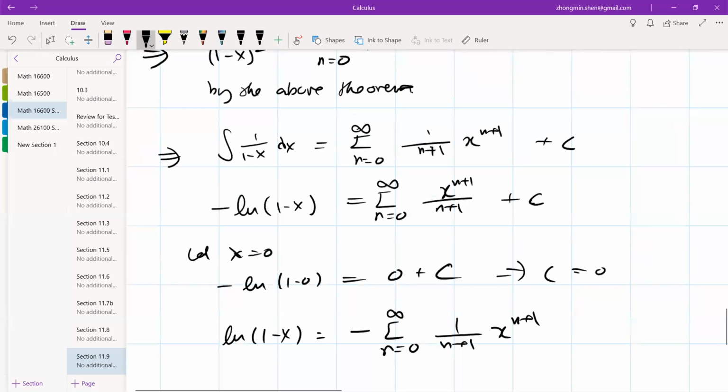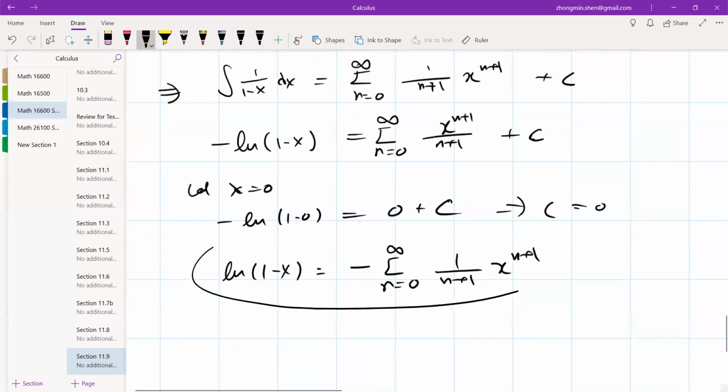Finally, we got this power series representation, based on the original. This holds for |x| less than 1. The radius of convergence on the right side is always 1. The radius of convergence is not changed if we integrate each term. And then they match.